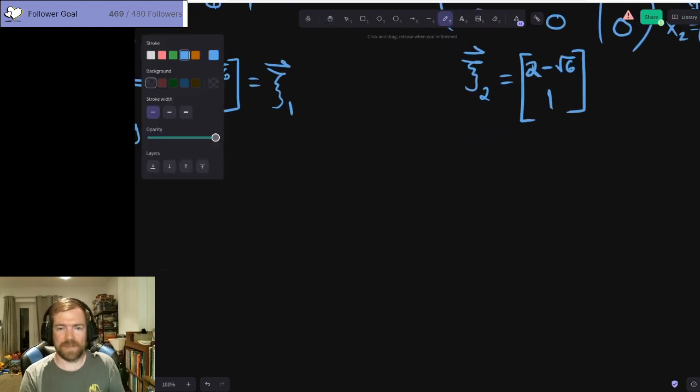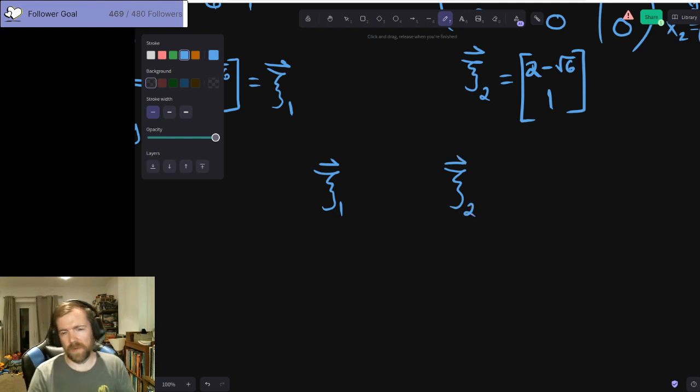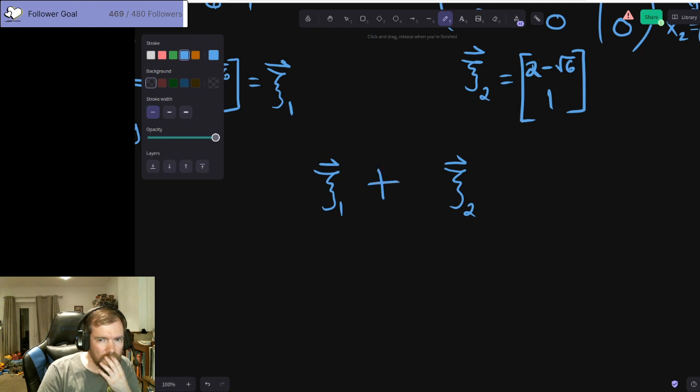Okay, so this means that we've got our linear combination of C1 and C2 that needs to be in here somehow. So how do we do linear combinations? Well, you have to include the solution associated with the sum.